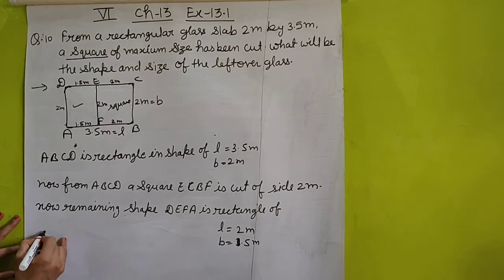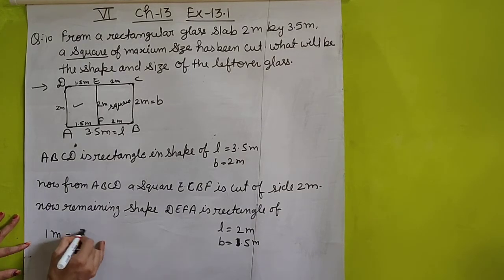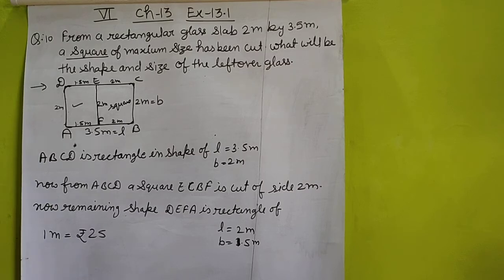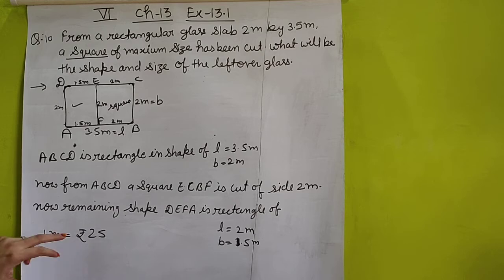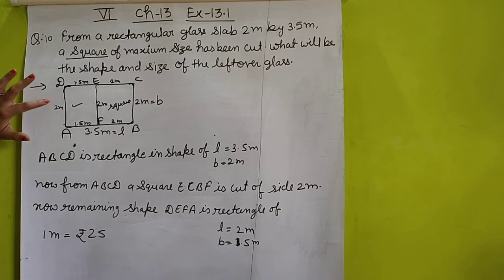If the cost of 1 meter of smoothing is rupees 25, what is the cost of the smoothing of the total rectangular glass slab? First of all we have to calculate the perimeter of this rectangle, then we can multiply that perimeter by 25.